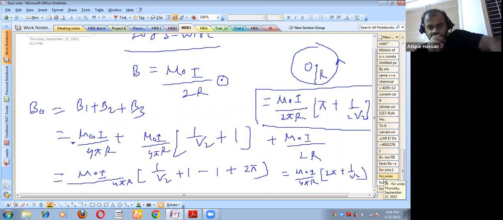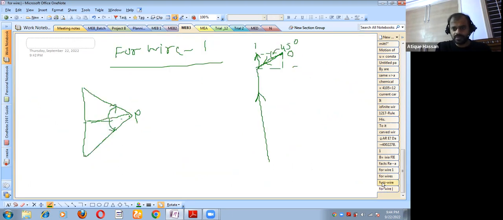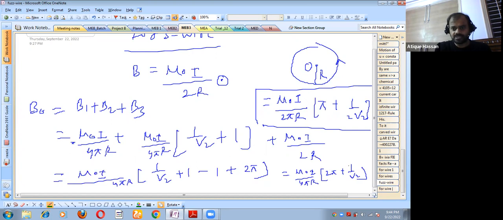We were getting 2 pi 1 plus 2 pi. So actually what will happen is that in that section we will have one more term of 1 by root 2, right? Due to the sine 45 degree term, we will have one more term of sine 45 degree. So that will be added and we will get the final result as 2 pi plus 2 by root 2.